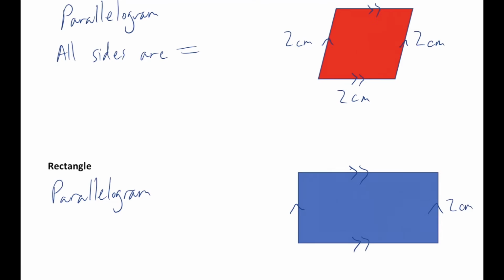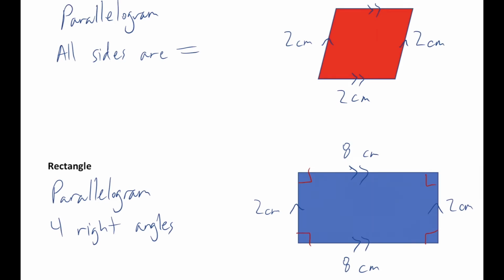So if this was 2 centimeters, this side is 2 centimeters. If that was 8 centimeters, then the opposite side has to be 8 centimeters. So I know some really good things here. Another thing that I know about a rectangle is that it has 4 right angles. So some very important properties of a rectangle.